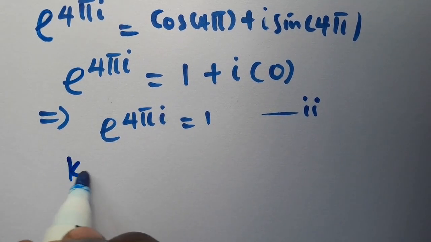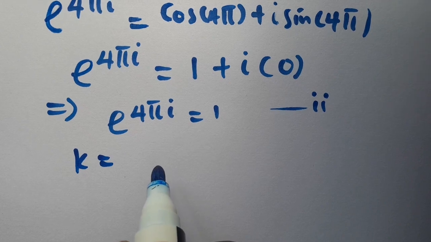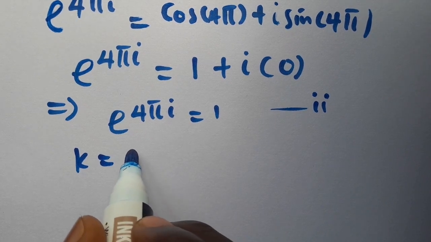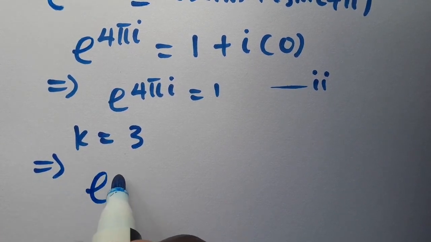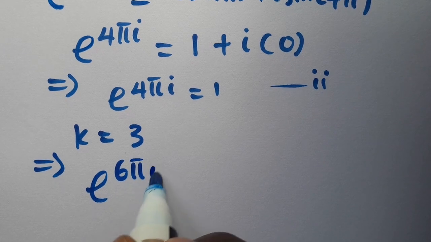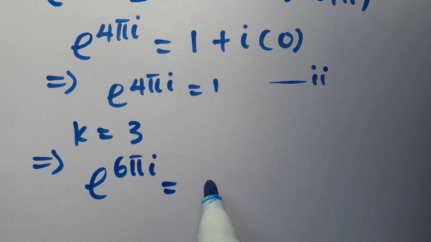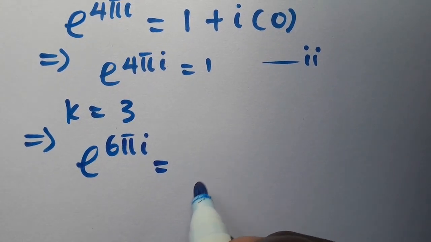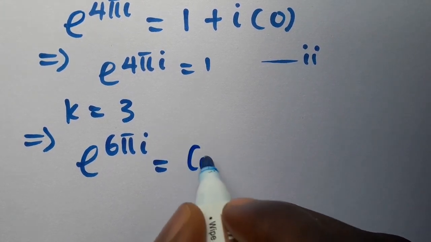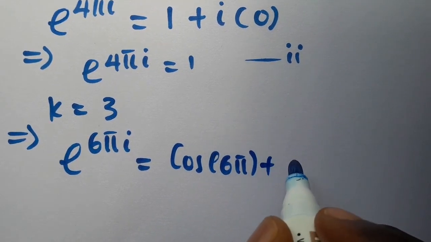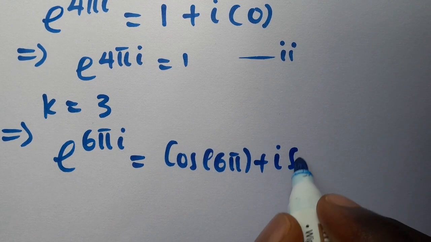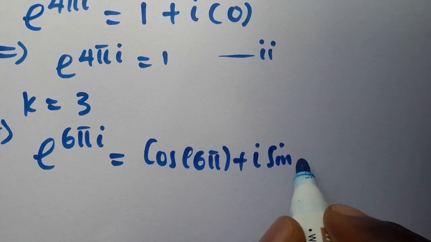Again, when k equals 3, then we're going to have e to the power of 6 pi i equals cos 6 pi plus i sine 6 pi.